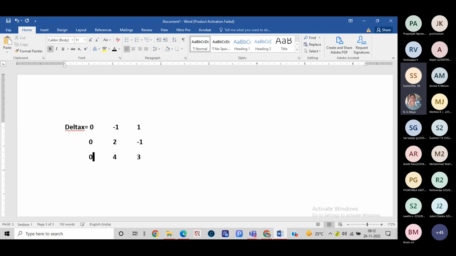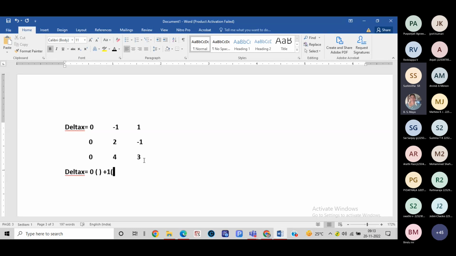See, why we can't do it like this? Because every time, if it is 0, delta x is 0. Then x is equal to the first term 0 with the first term plus 1. If you do like this, we can't find it, right?